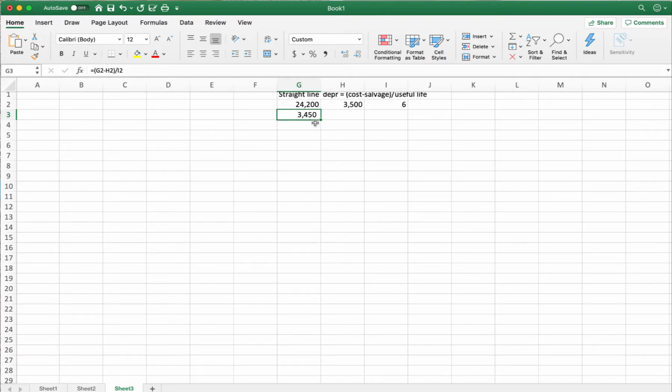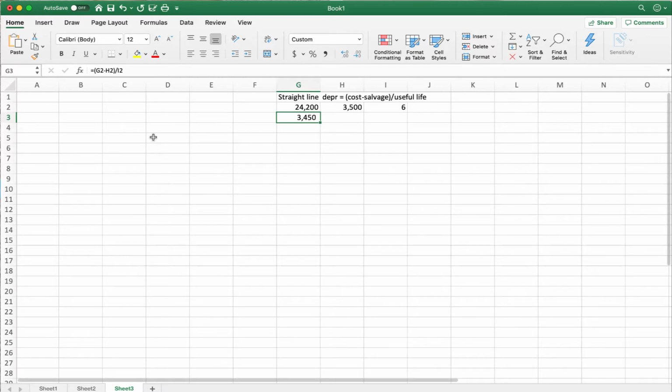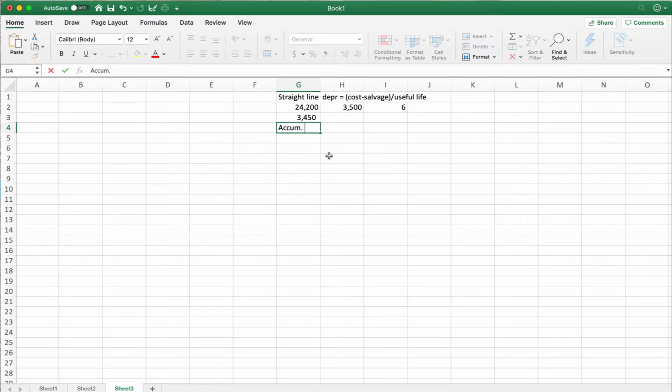So that means that every year we should be depreciating this asset $3,450. Okay? So we already went through year 1, we already went through year 2, we already went through year 3. So we have 3 years of depreciation. So I want to know, what is the accumulated depreciation for this asset? Super easy for us to do.